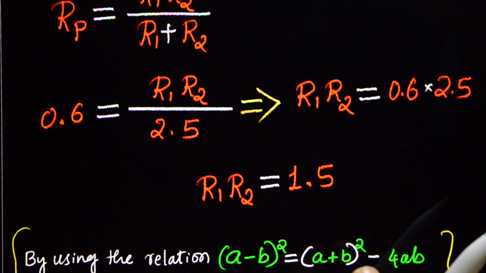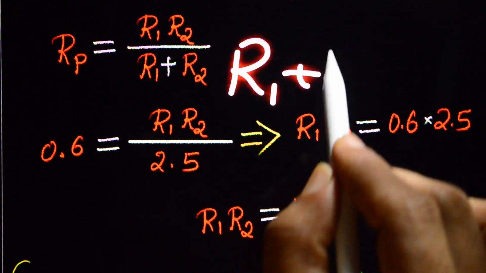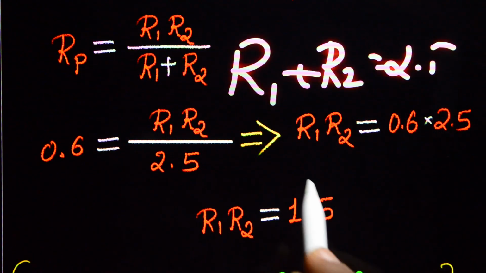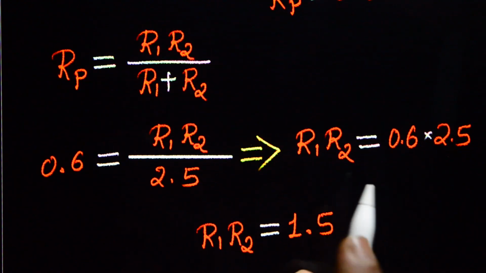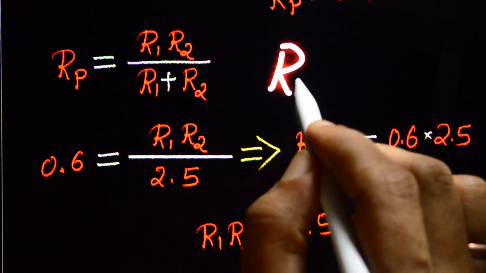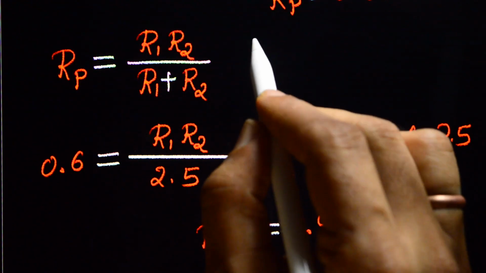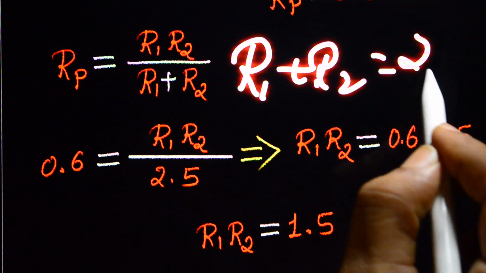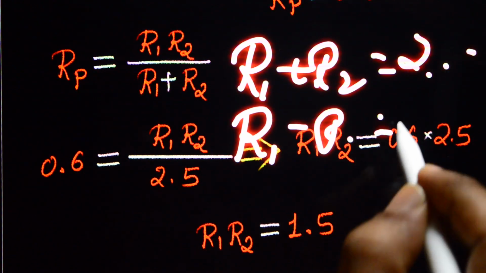Now here we have R1 plus R2 equal to 2.5, and R1 into R2 is 1.5. But to get the values of R1 and R2, we want an equation. We already have R1 plus R2 is equal to 2.5. Now I want R1 minus R2 is equal to something.